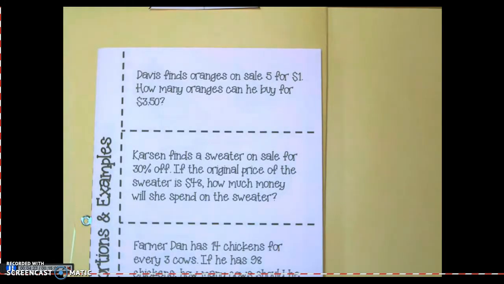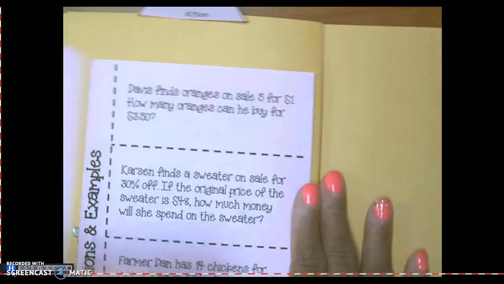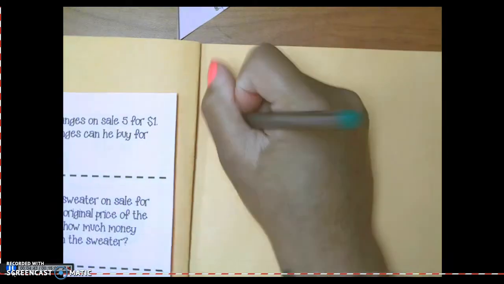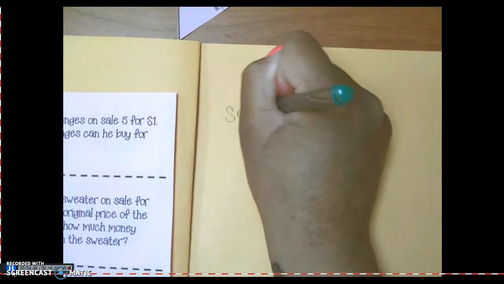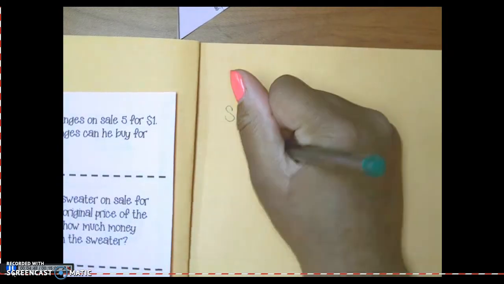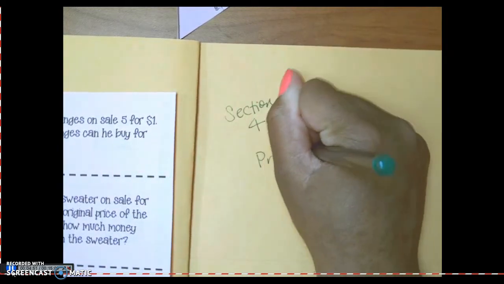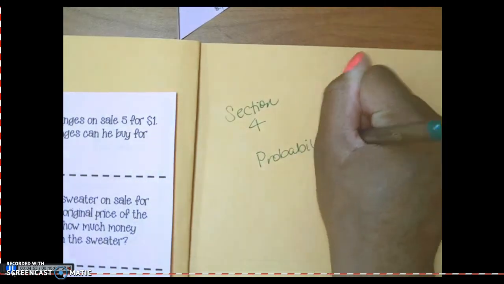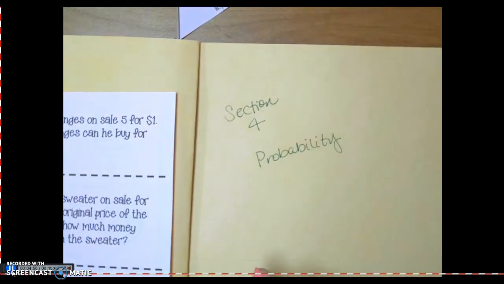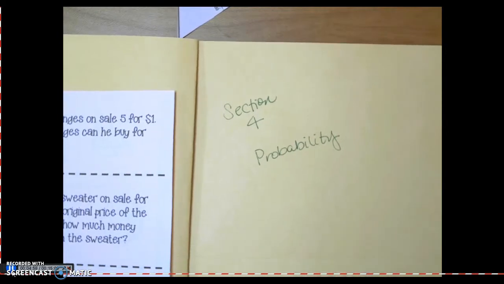So now, section 4, which is over here. This is probability and financial literacy.